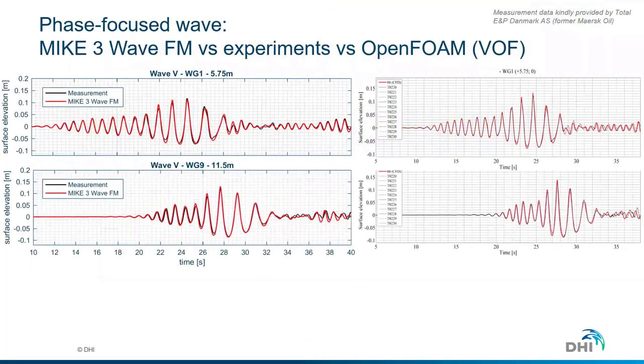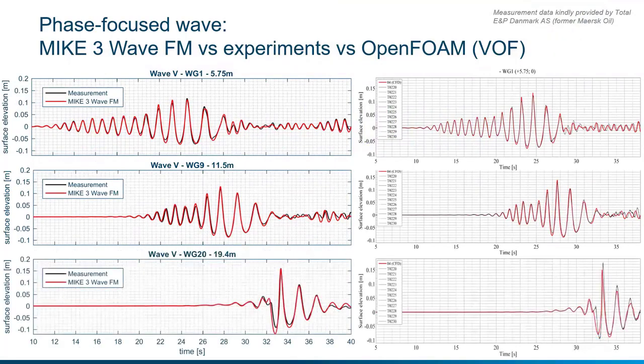So here, first of all, we see a comparison of a study we did for Total, where we have run many single wave, extreme wave cases. We see measurements in black and MIKE 3 Wave FM in red. We see quite a close comparison.